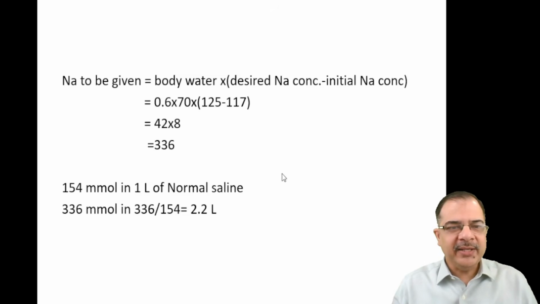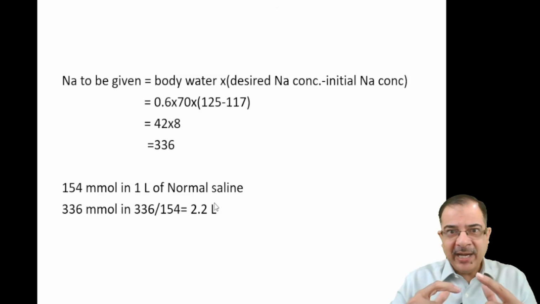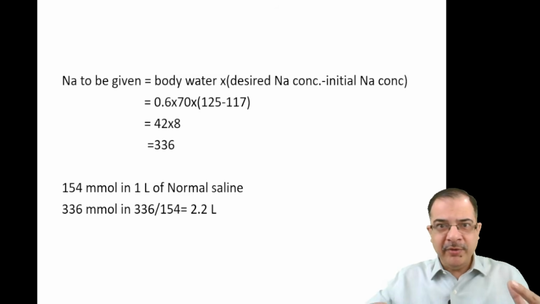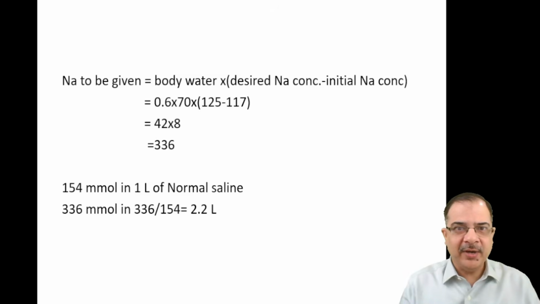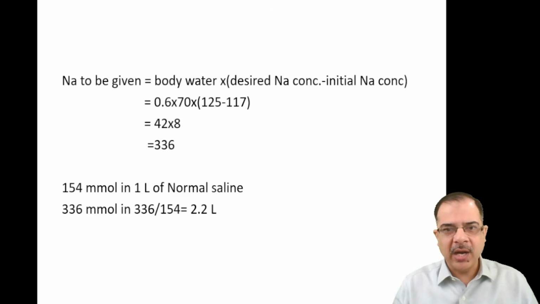That will be 336 divided by 154, that means 2.2 liters of normal saline, which will be given over a period of 24 hours. Remember, this should be given over 24 hours to our patient.